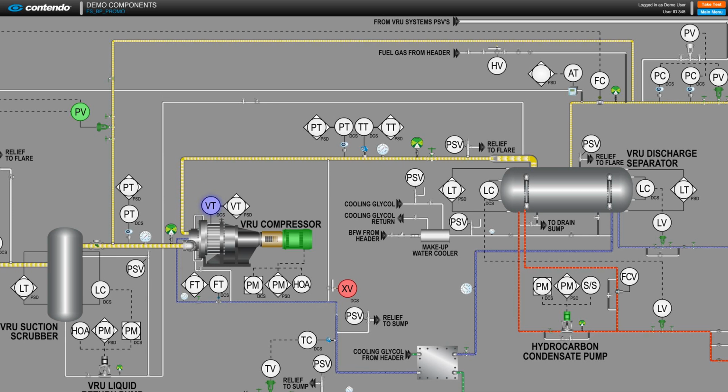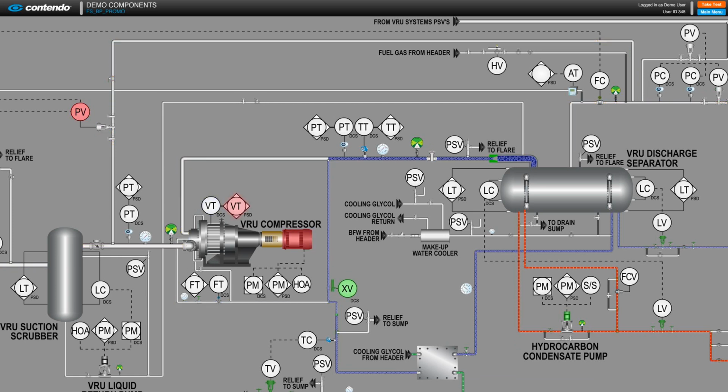Here, we show a vibration transmitter on the VRU compressor, and how a high vibration will alarm, tripping the compressor motor off to avoid damage, and simultaneously closing a gas recycle valve, the PV, and opening a compressor ring water bypass valve, the XV.